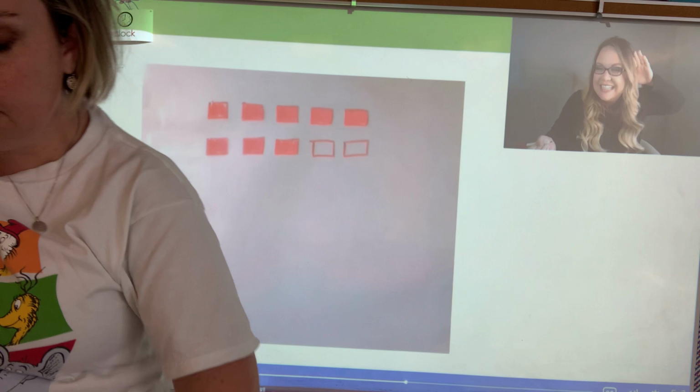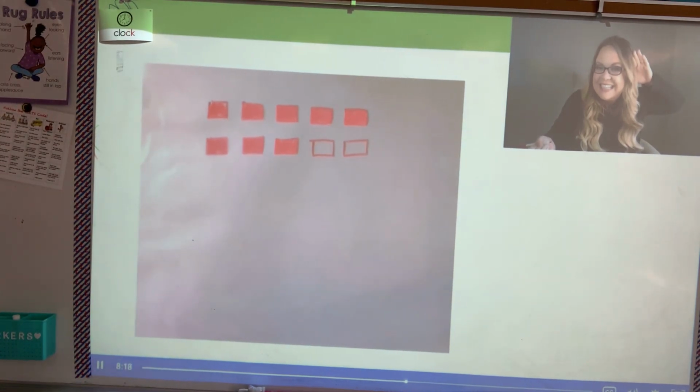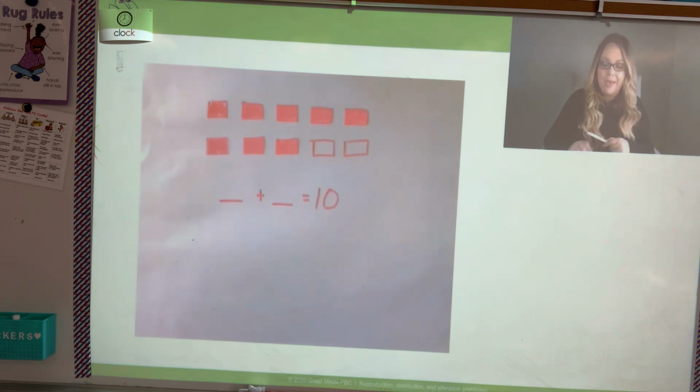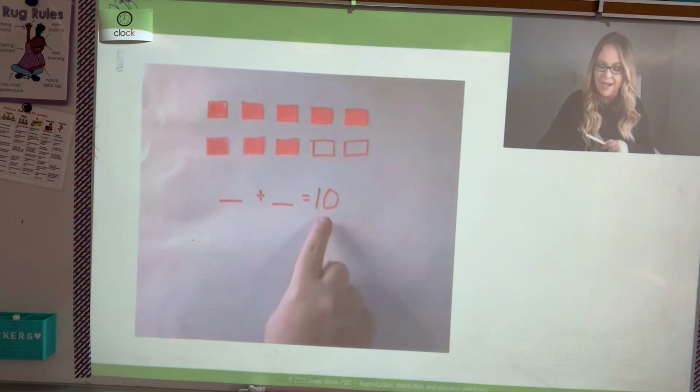Let's see what Ms. Hawkins does. I'm hearing some great ideas. I heard one of my friends say, this time we can write the parts first, then we can write the total after the equal sign. Go ahead and write this on your piece of paper or your whiteboard.